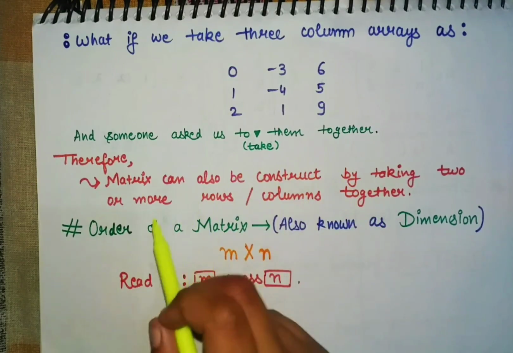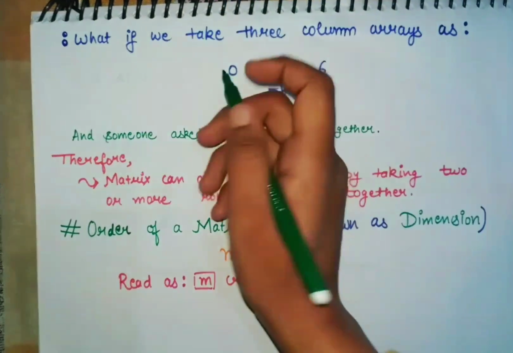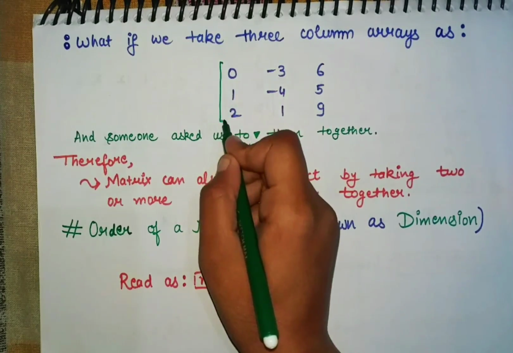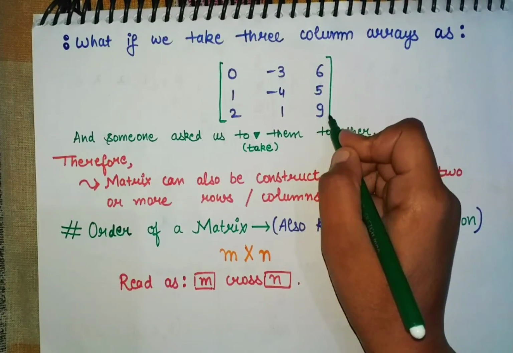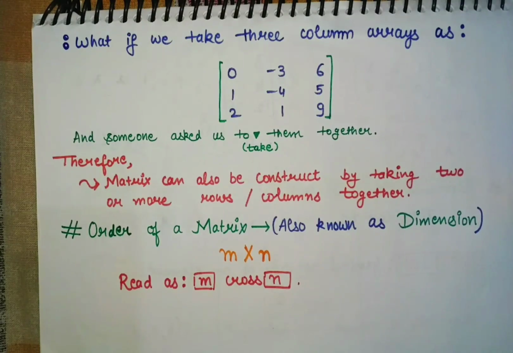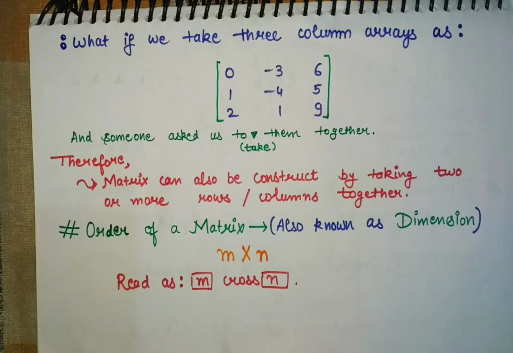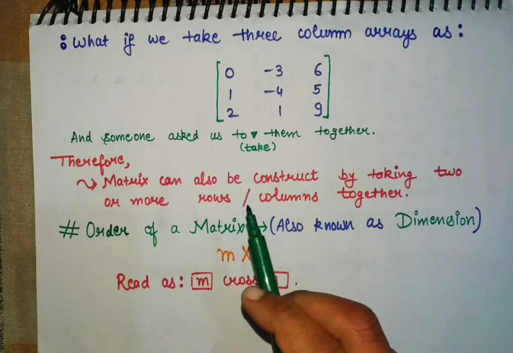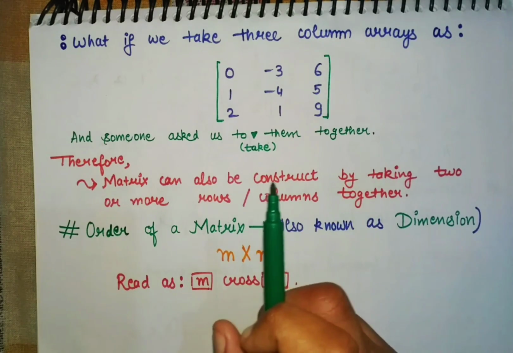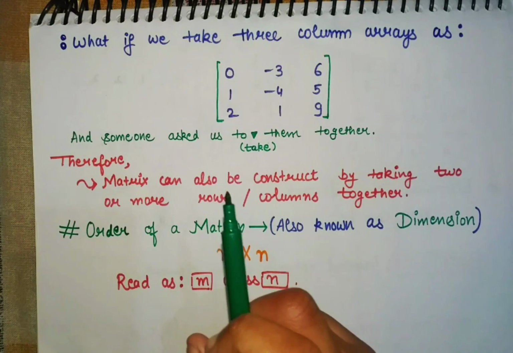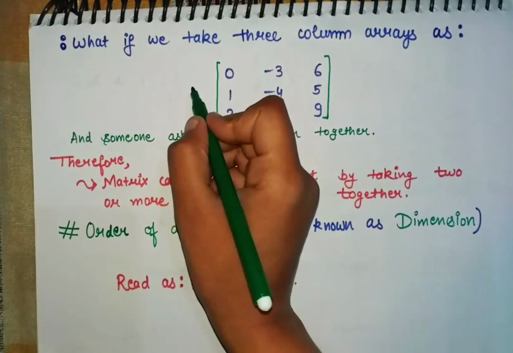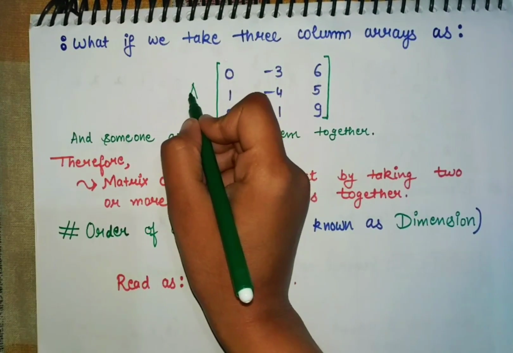We will just put the braces at the starting and at the end of them. Yes, it would be a matrix. We can name it by any capital letter of the English alphabet, such as A.